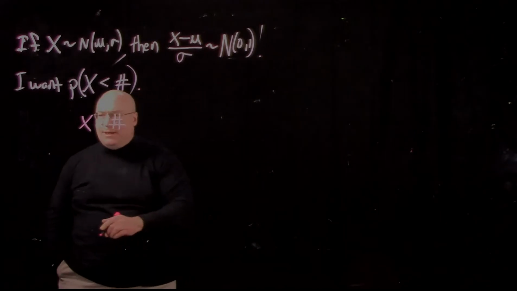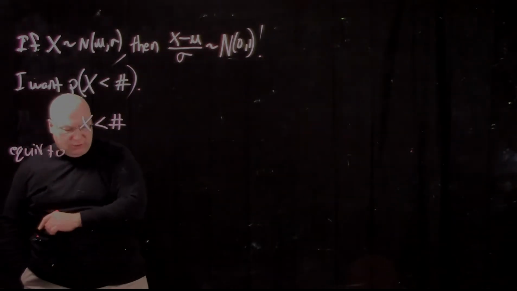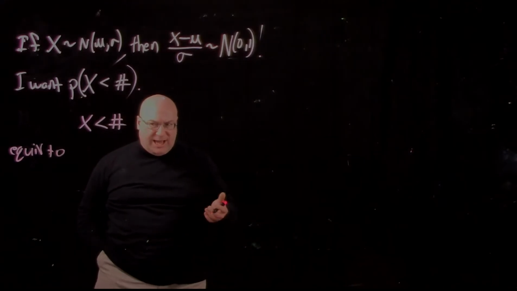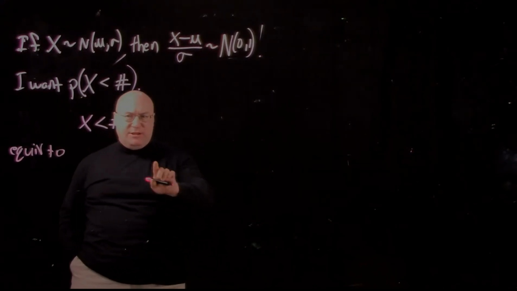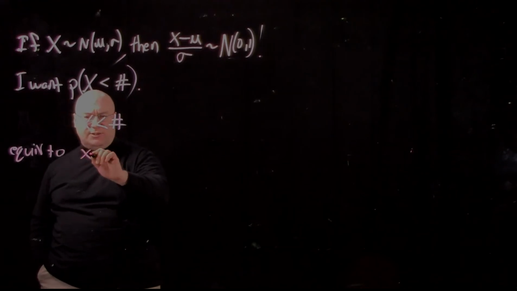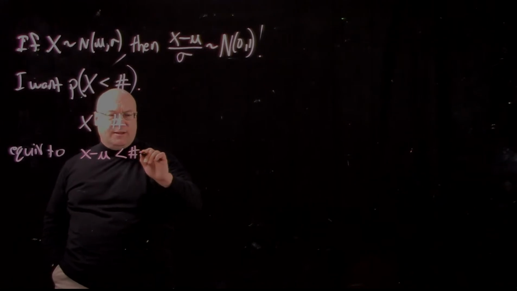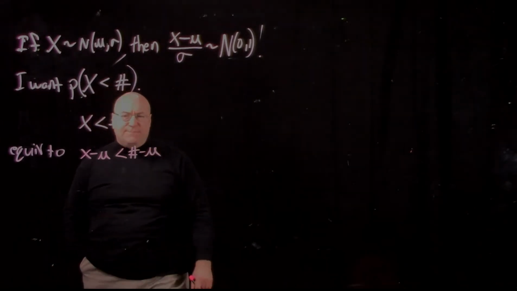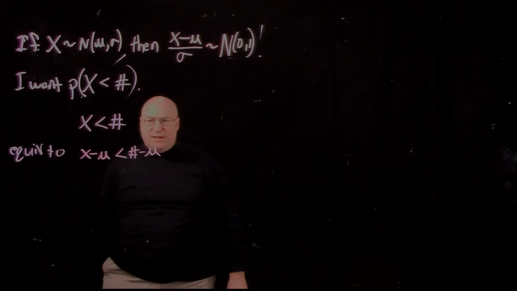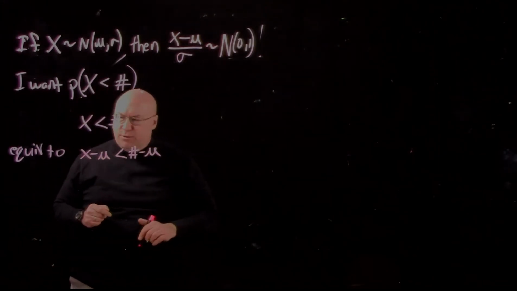That's equivalent to, I'm just going to do a little algebra that will keep the same inequality. I'm going to subtract the constant that is the mean from both sides. The inequality here is the same as that one because I subtracted the same thing from both sides.